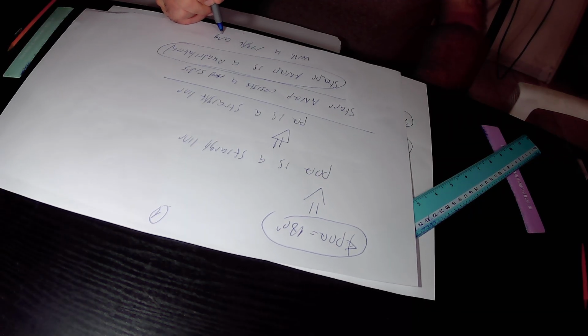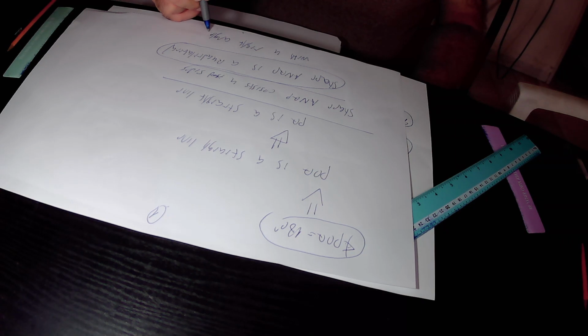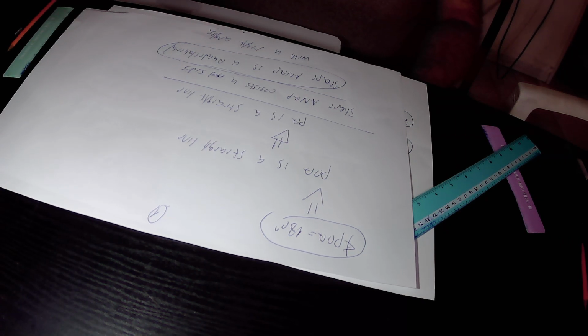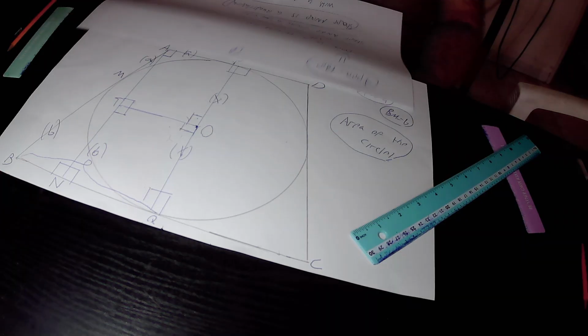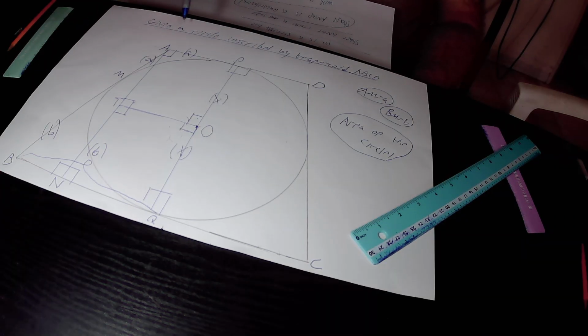And according to rule 5, any quadrilateral that has 4 right angles must be a rectangle, if not a square. So we relate to this quadrilateral APQN as a rectangle because it has 4 right angles.